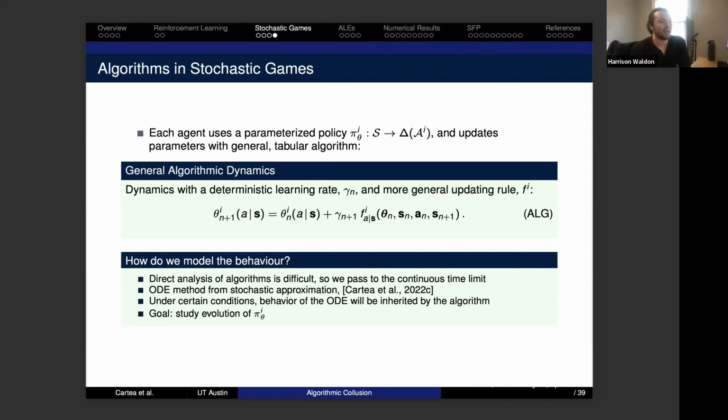So instead, we pass to a continuous time limit of the system. We use the ODE method from stochastic approximation, which I'll describe momentarily. So what we do is derive a system of ODEs which approximates the evolution of parameters. The system we arrive at we call the algorithmic learning equations, which is in our first paper from last year on this subject.